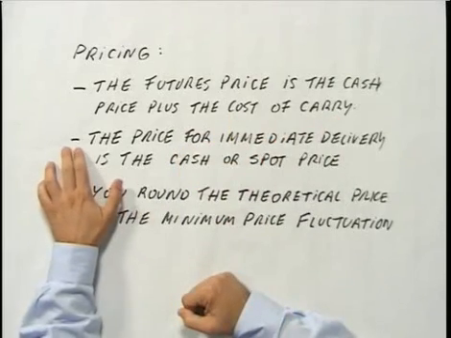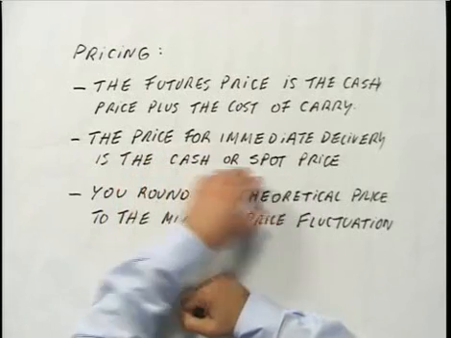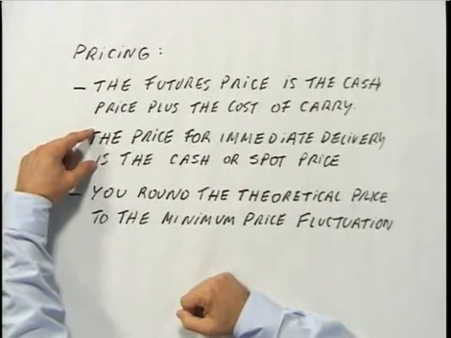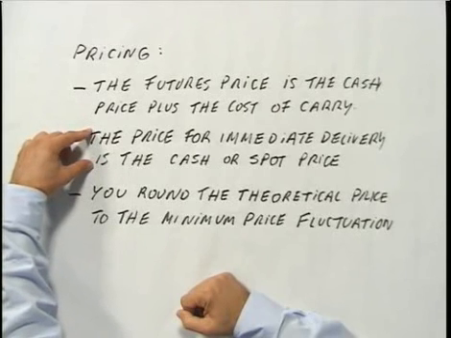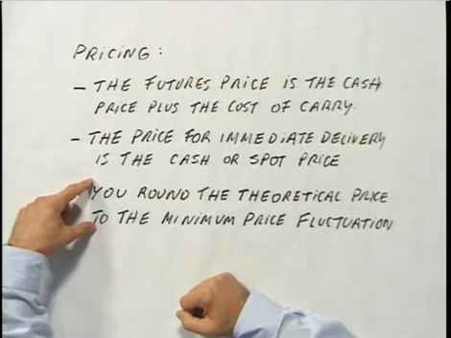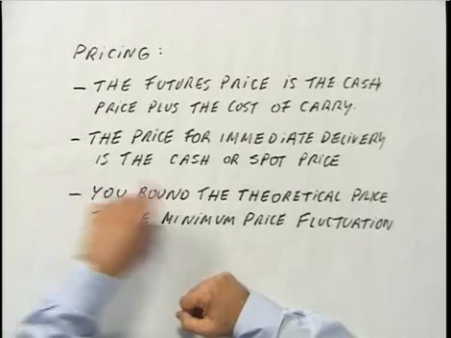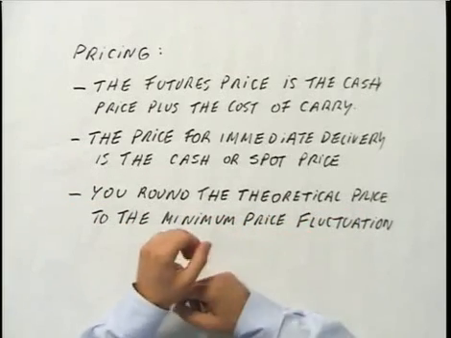The second issue here is that the price for immediate delivery is the cash or spot price. This is something that we talked about in the previous slide when we talked about notation. And the third set of skills, within pricing, refers to the rounding of the theoretical price to the minimum price fluctuation of the contract.